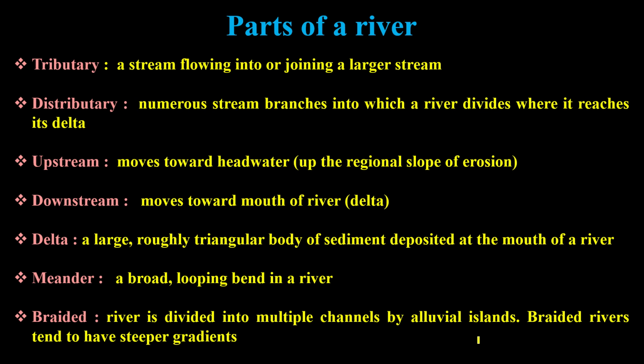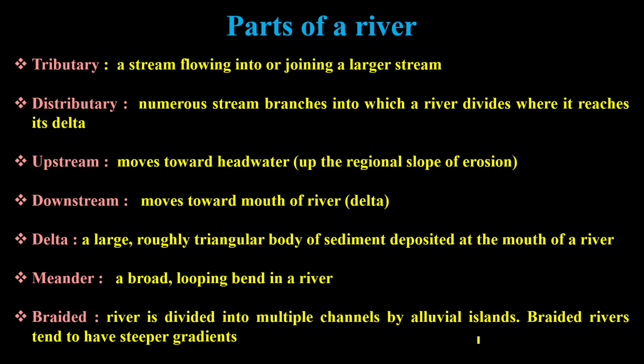Now let's talk about distributary. These are numerous stream branches into which a river divides where it reaches the deltaic region. So these are branches that come out from the main river.